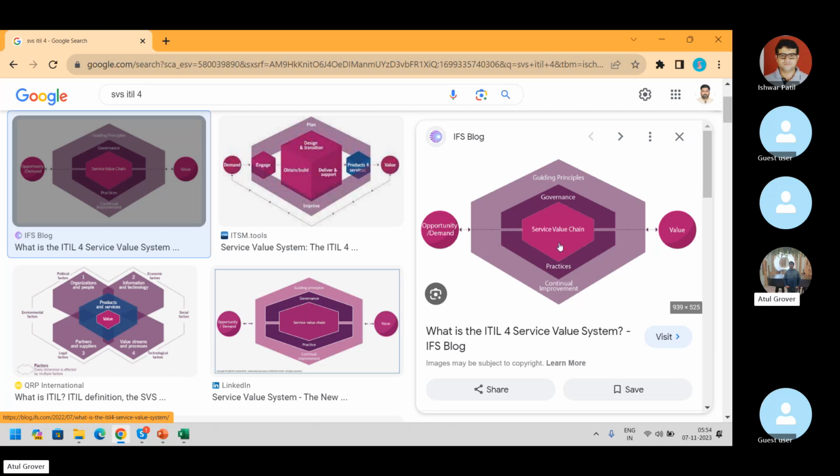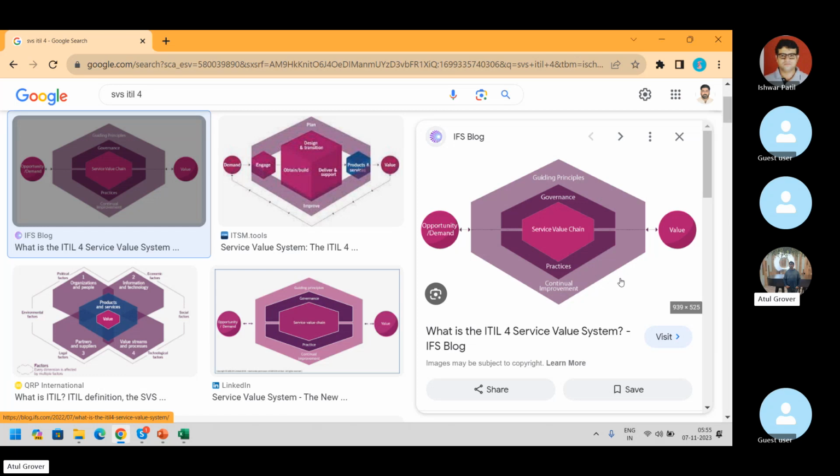And the last one is SVC, service value chain. What does this mean? Service value chain says how a service will be delivered. These four are the external parts, but what do we actually do internally?